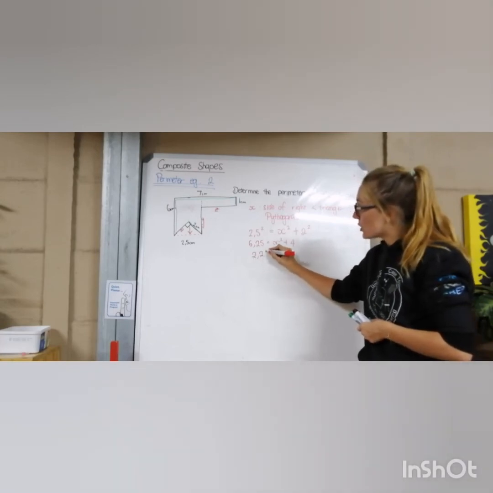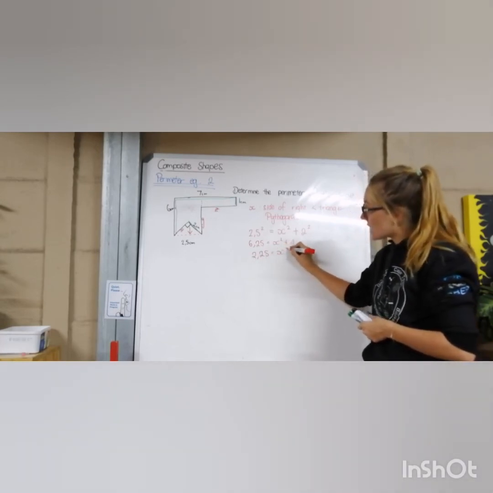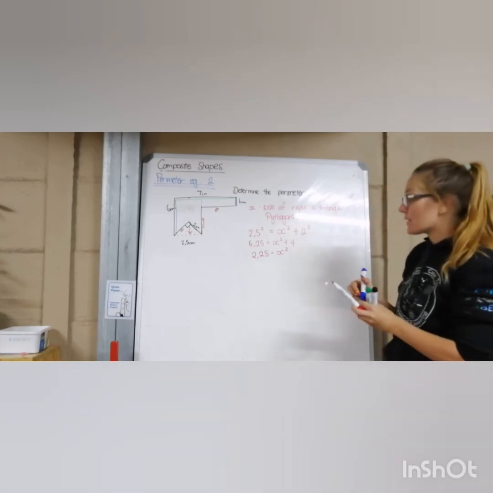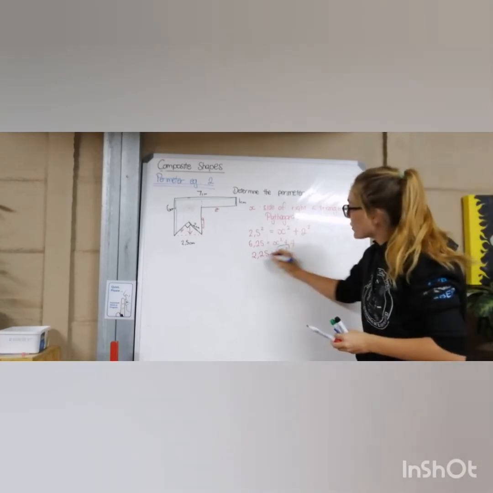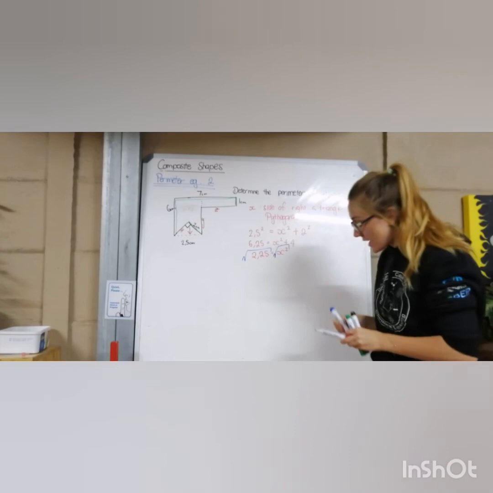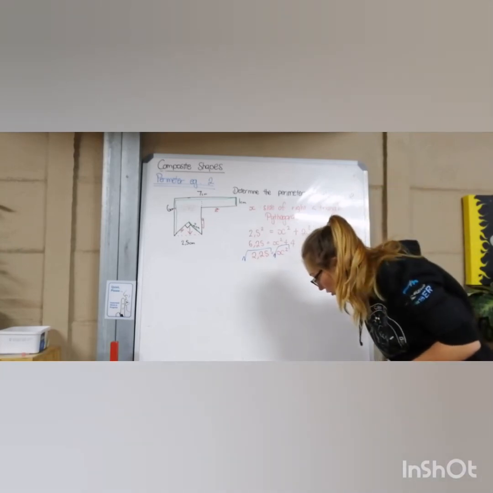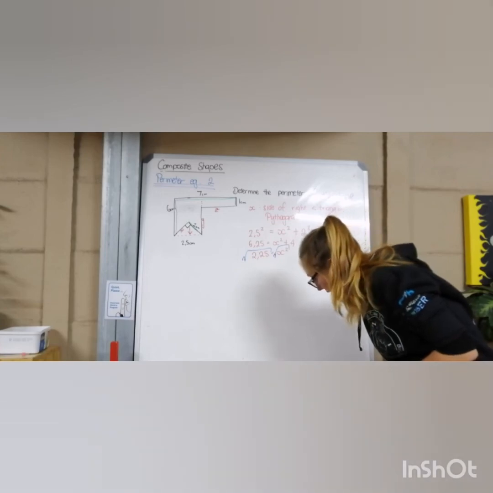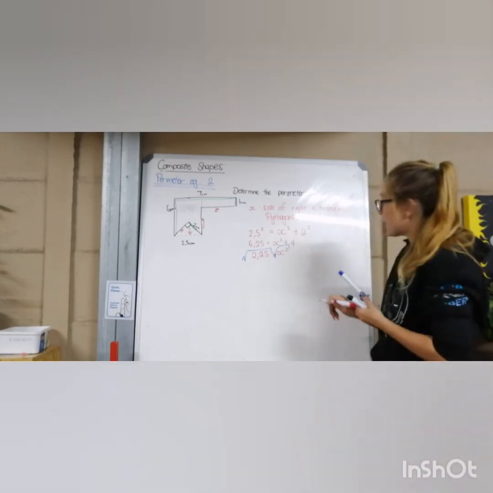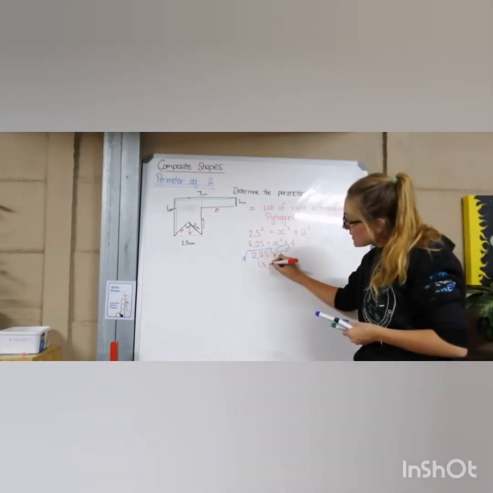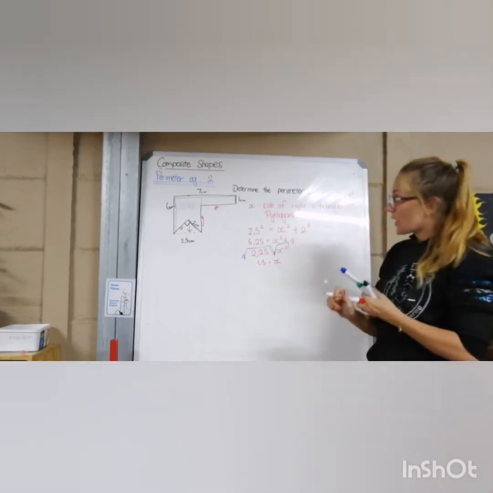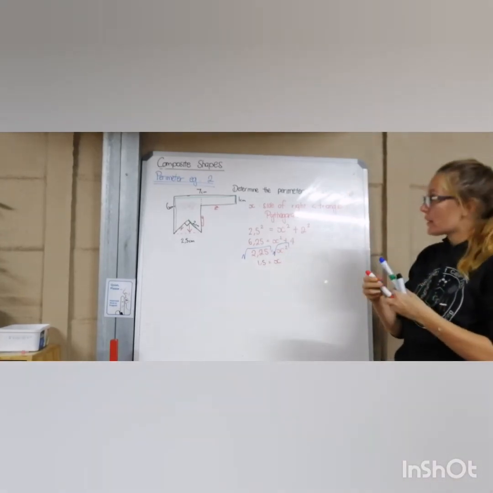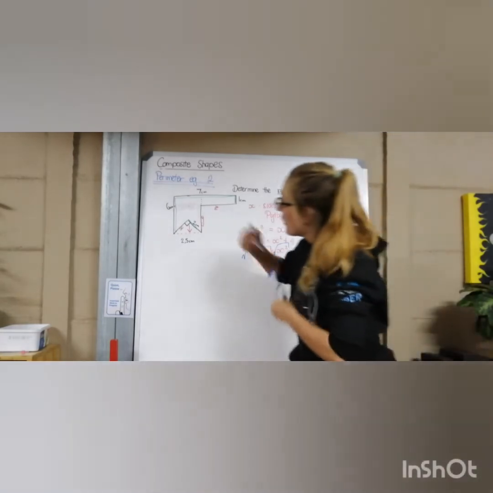So we've got 2.25 equals x squared, and now we don't forget to square root both sides. Okay, we square root both sides. And when we root 2.25, we get 1.5. So we've got that x is 1.5. Okay, awesome. We've got one of our 3 unknown sides sorted. 1.5.